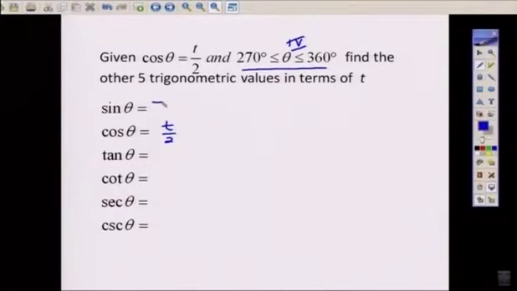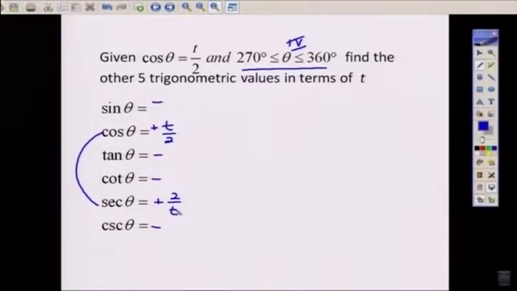So I'm going to fill my signs in first, because in quadrant 4, cosine and secant are positive, and the other 4 values are negative. And it wants you to find the other 5 values in terms of t. Well, the first one, that's probably the easiest to do, is cosine and secant are reciprocals. So if cosine is t divided by 2, secant must be 2 divided by t.